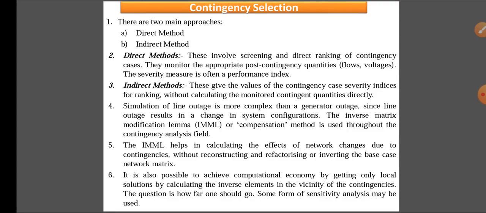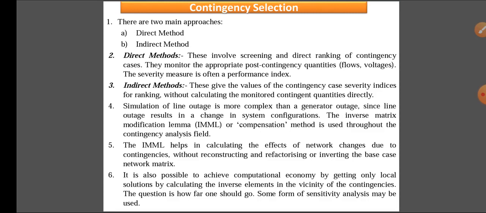Suppose one power system is there, and between, let's say, bus number 1 and 5 there is one transmission line. If that line failed, this will be the evaluation or simulation of line outage.